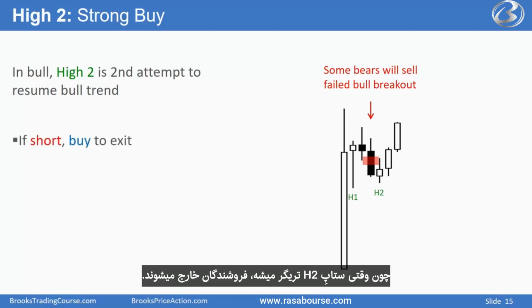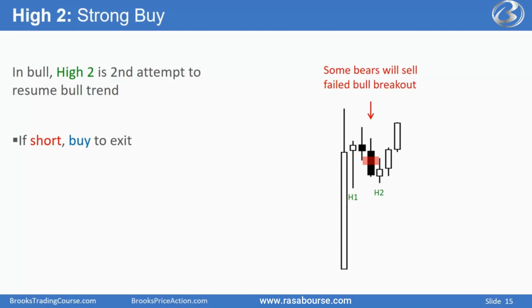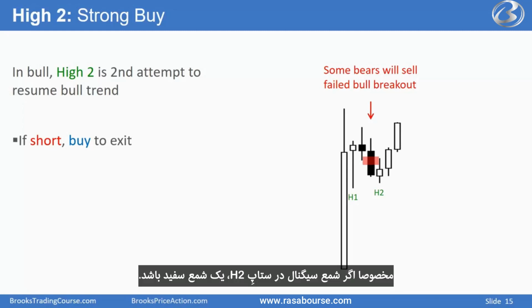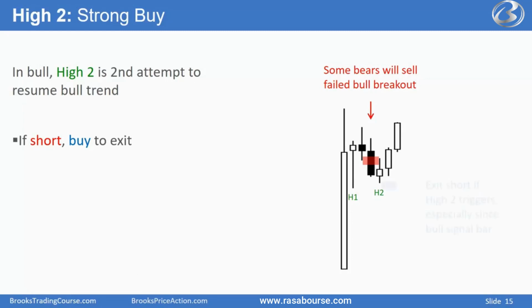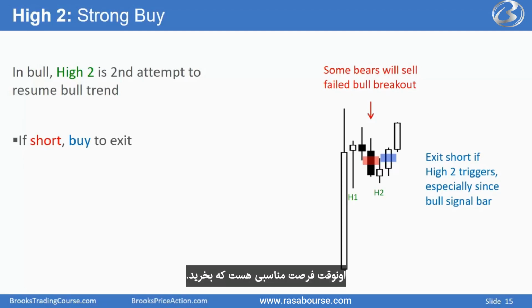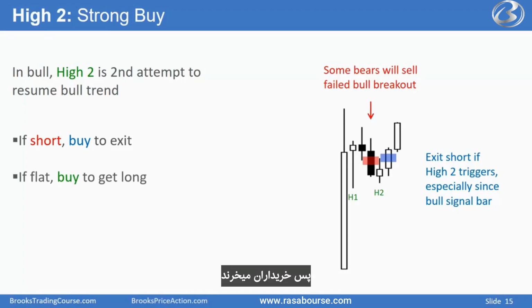And if traders are short, they will exit their shorts if the high two triggers, especially if the buy signal bar for the high two has a bull body. And if traders are flat, it's a great opportunity to get long. You have a high two buy setup with a bull body. So bulls will buy because it's a high two in a bull trend.